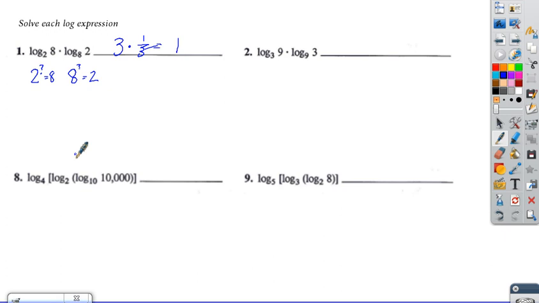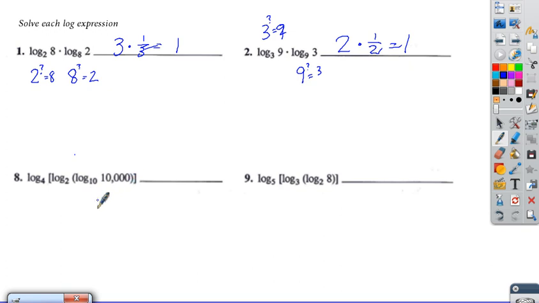All right, what about over here? 3 to what power gives me 9? That would be squared. So 2. 9 to what power gives me 3? That would be the 1/2 power. So 2 times the 1/2 is also 1. Then we take a look down here and we have log base 10 of 10,000.